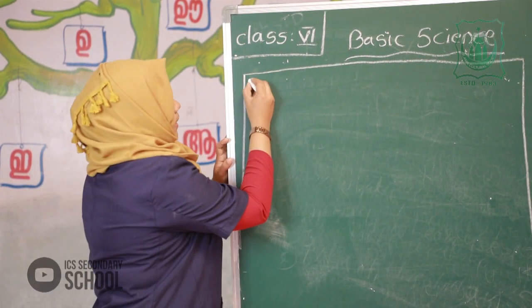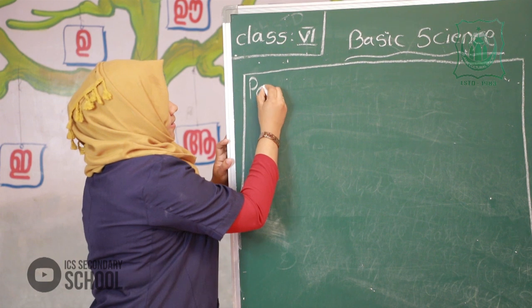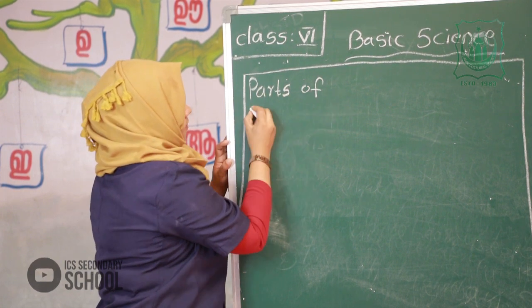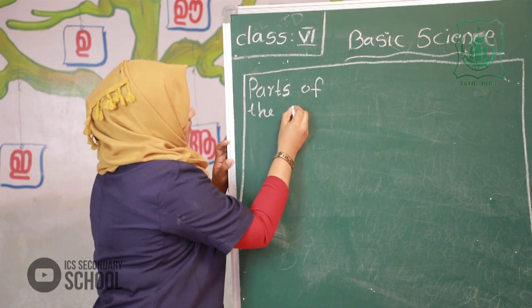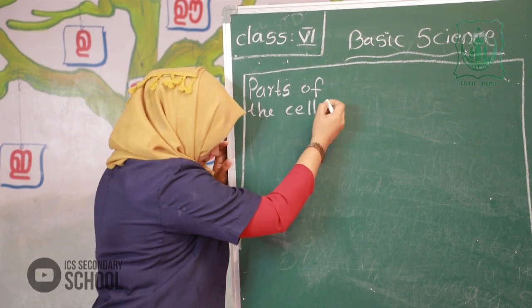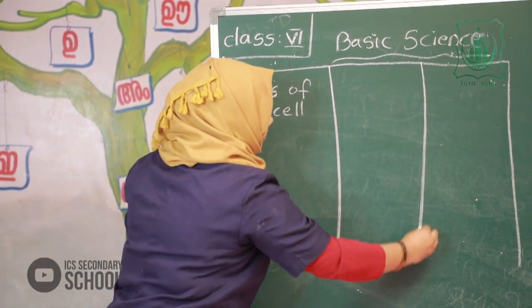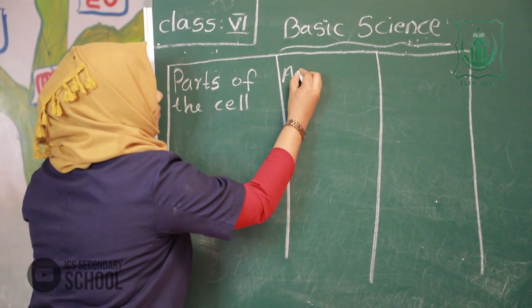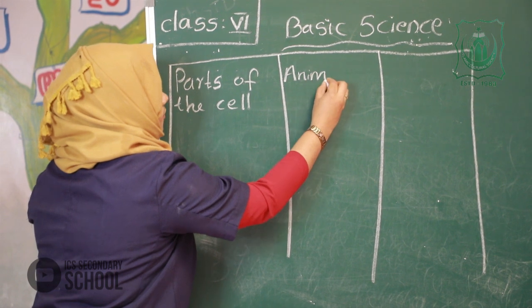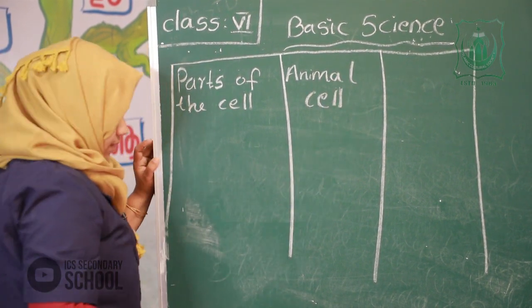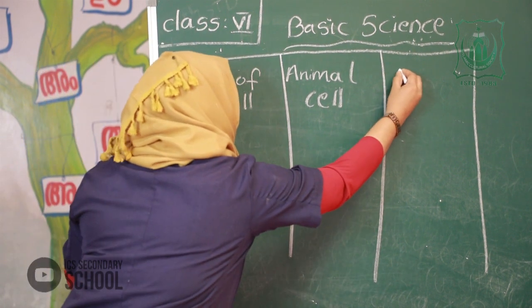First, parts of the cells, then animal cell, and plant cell.